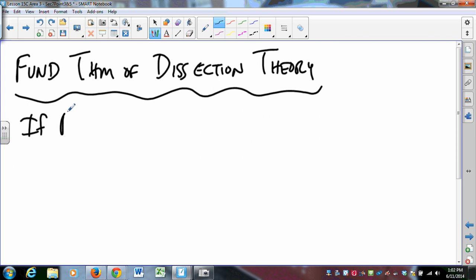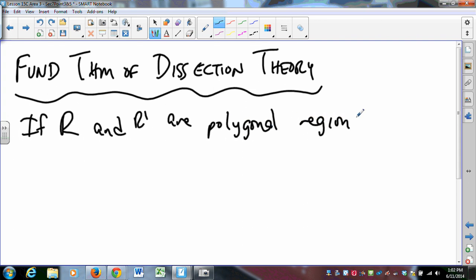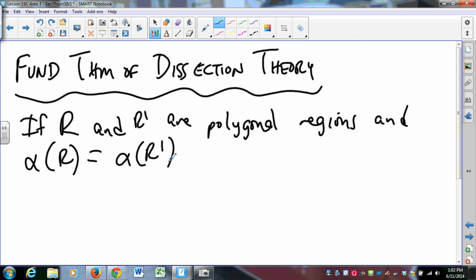If R and R prime are polygonal regions, and the area of R is equal to the area of R prime, then R is scissors congruent to R prime.